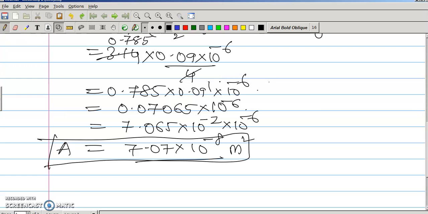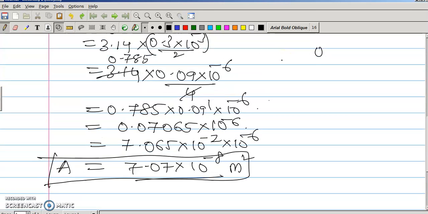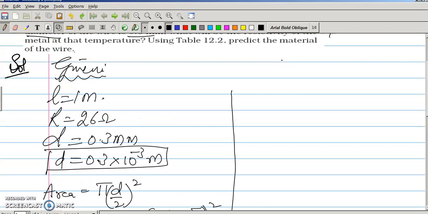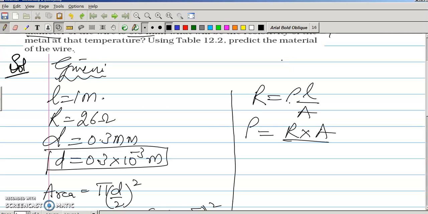Next, what are we finding now? We are going to find out the resistivity. We know R equal to rho L by A. So what will be the value of rho? I substitute all those values that I got here.